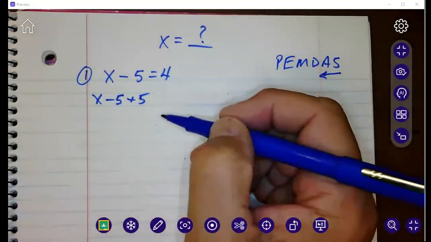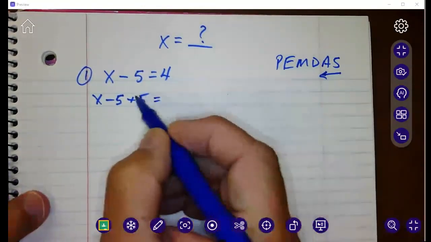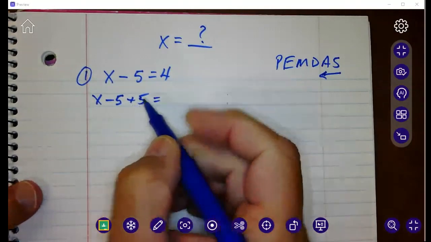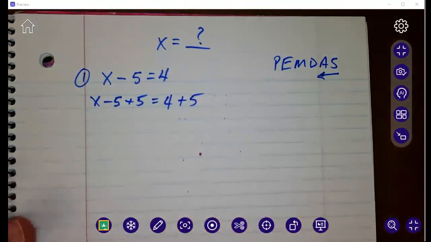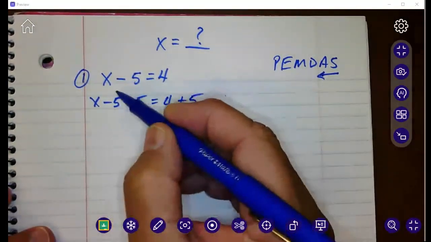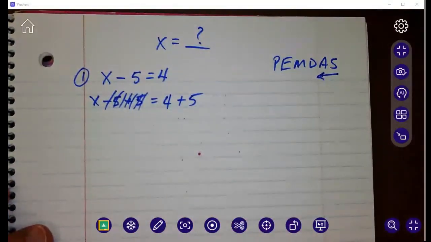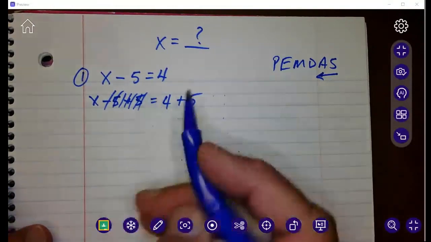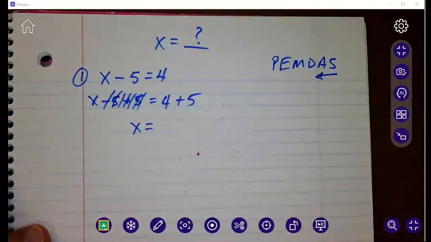And just like with fractions, when you do something to the bottom of the fraction, you have to do the same thing to the top. And so since I added 5 to this side of the equation, I must add 5 to that side of the equation. On the left side, these add out. They become 0. Negative 5 plus 5 is 0. That's the whole reason for doing that. And so what's left on this side is x.